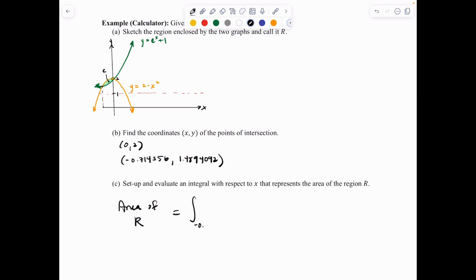I'm just going to write it down here, 0.714555620. And then this is an integral in terms of x.